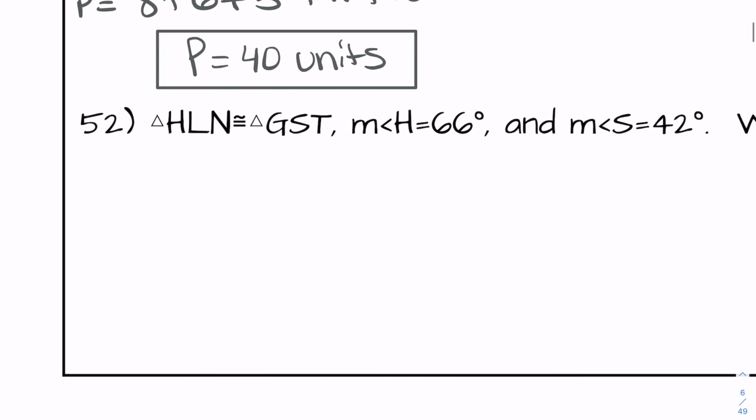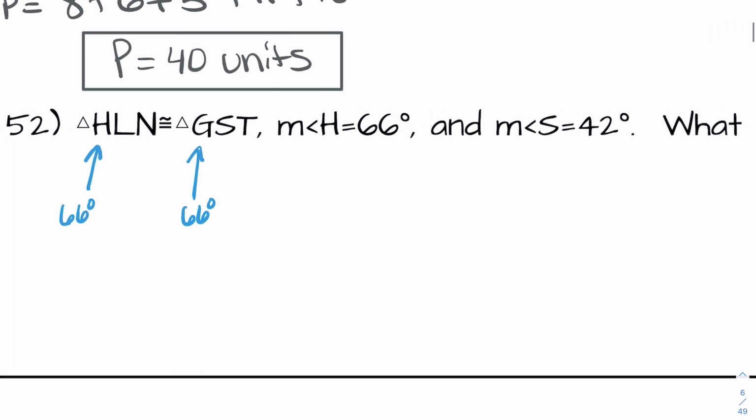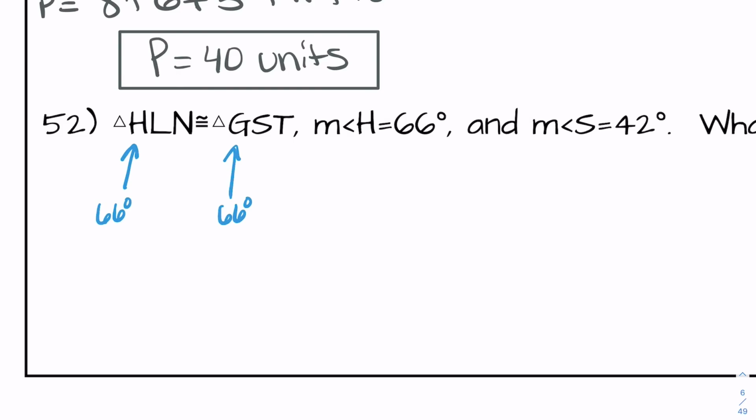If H is 66, so I'm going to put 66 here, we know that G is 66 because they're congruent. S is 42, so L is 42. Notice they gave me a measure in each one.